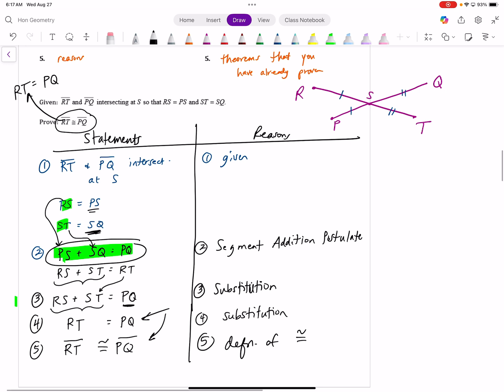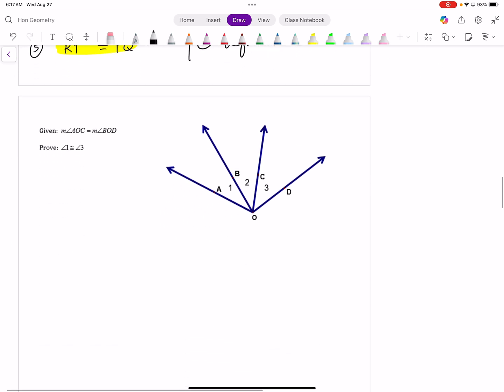And you don't ever stop until whatever it was they said to prove is what sits right here. If we had to turn it around to get one thing back on the other side, that'd be fine, but that would be a symmetric property. So you don't ever stop until you end up with exactly where you're going. All right, so we're going to do another one.